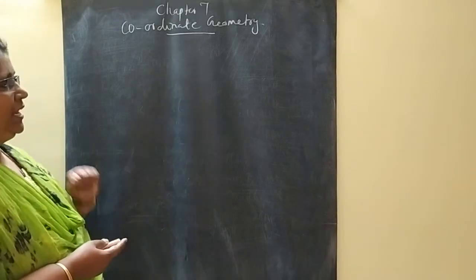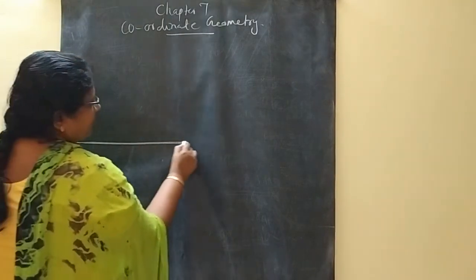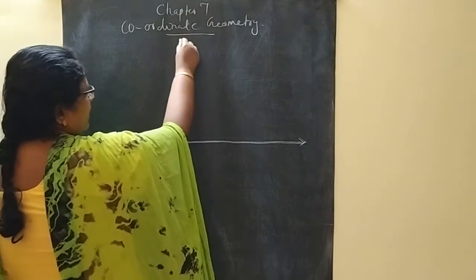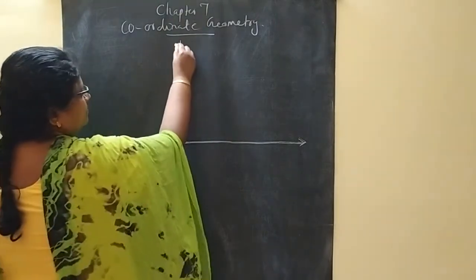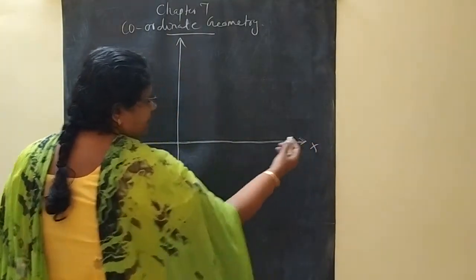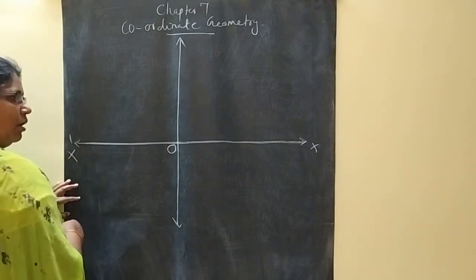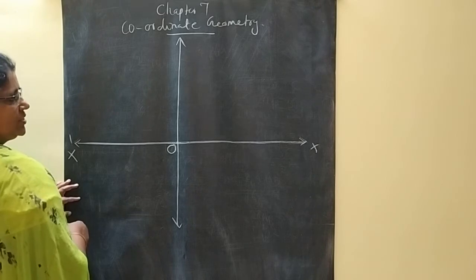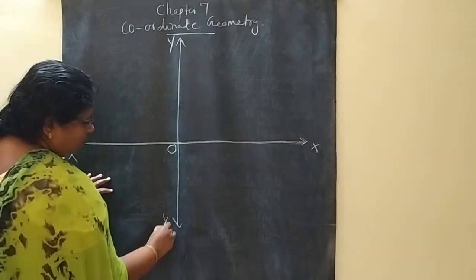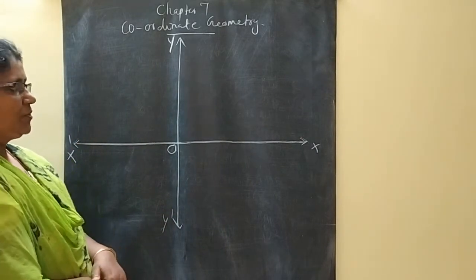So in this plane, if I draw a horizontal axis and a vertical axis like this, the horizontal axis is called x or x dash axis, or it is known as x axis, and the vertical axis is known as y or y dash axis or y axis.